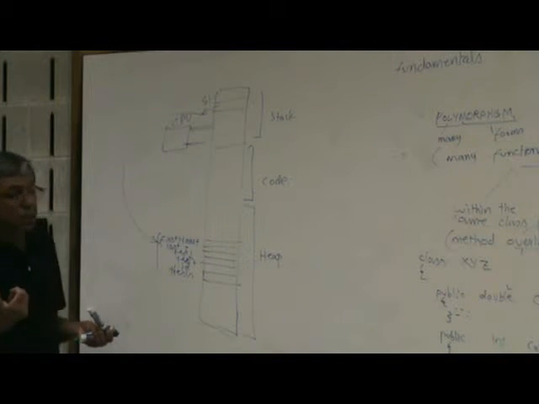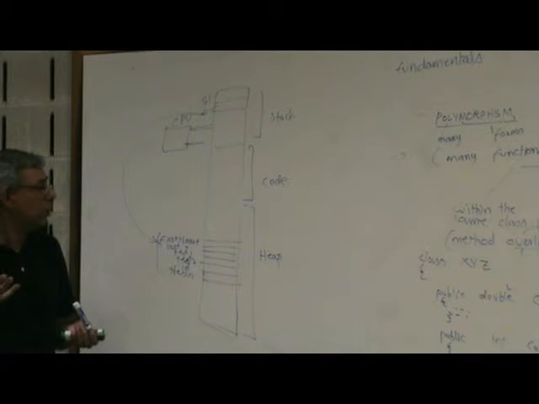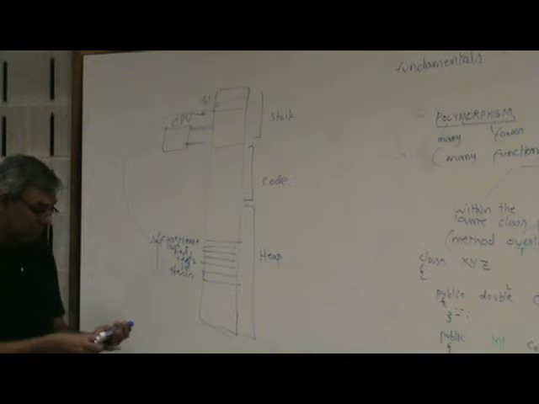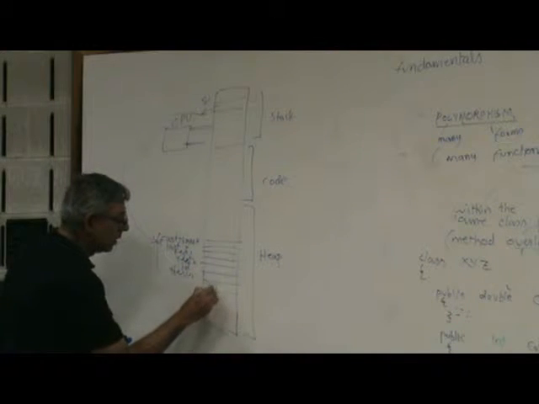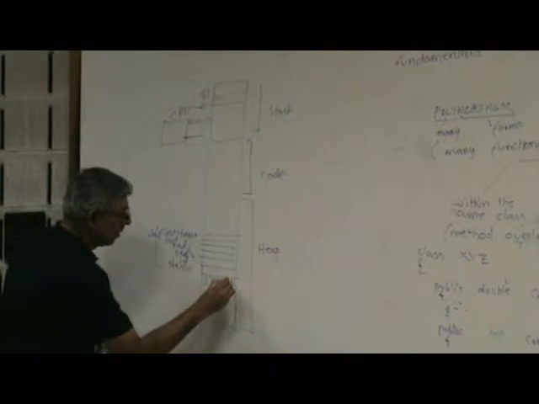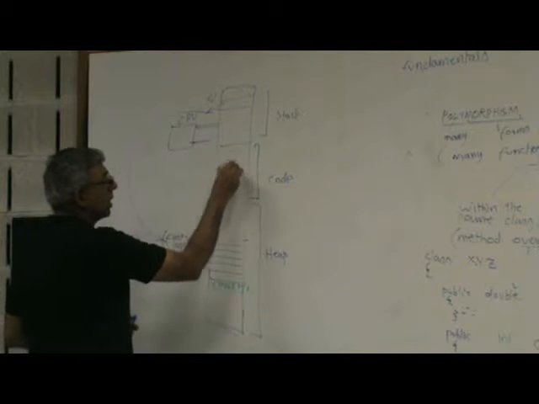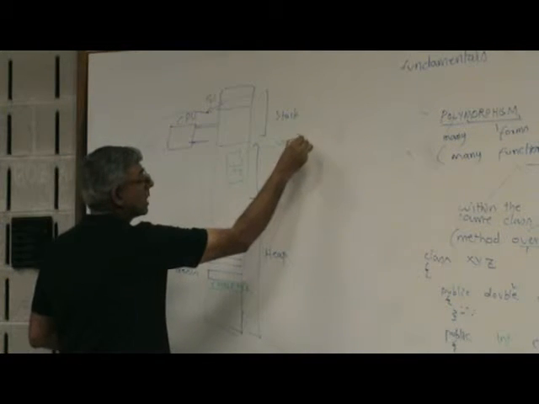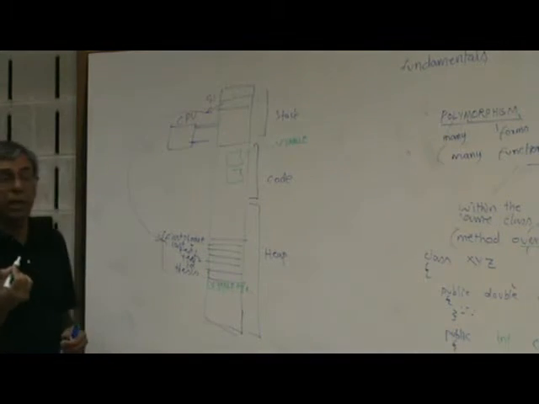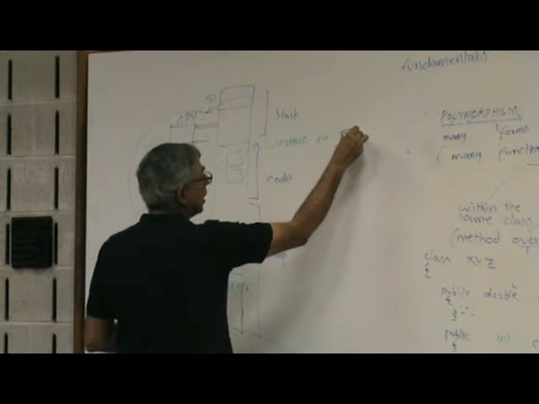Last lecture we also discussed there will be one additional memory that will be created to support polymorphism. And what's that memory called? A pointer to the virtual table, right? So over here there will be a V table for every class that we have created in our project. There will be a V table for the student class.